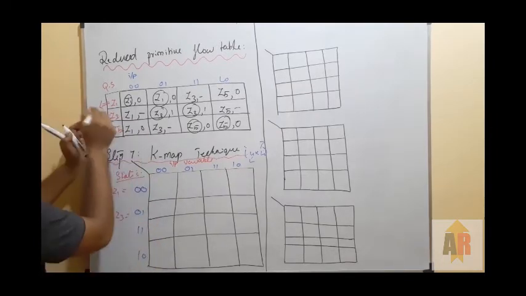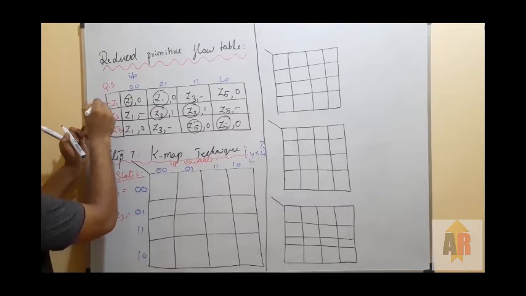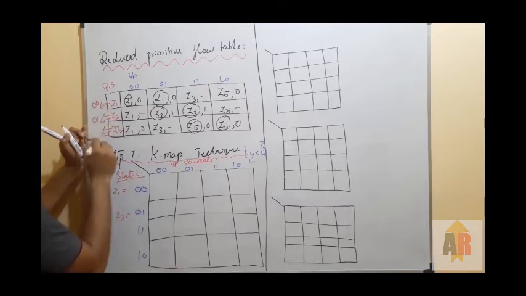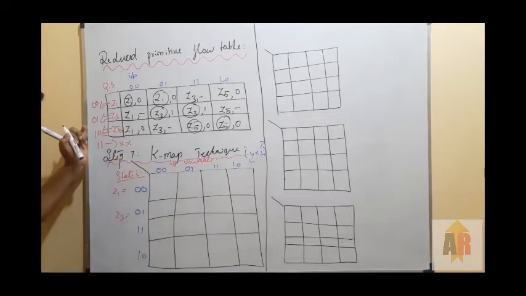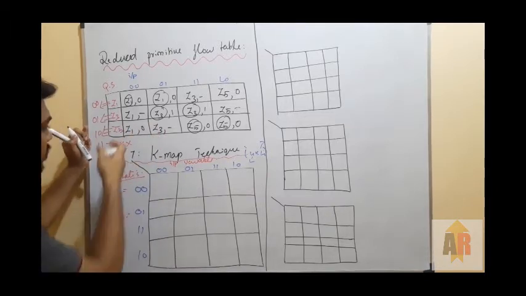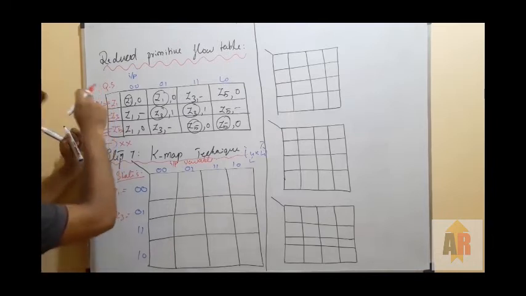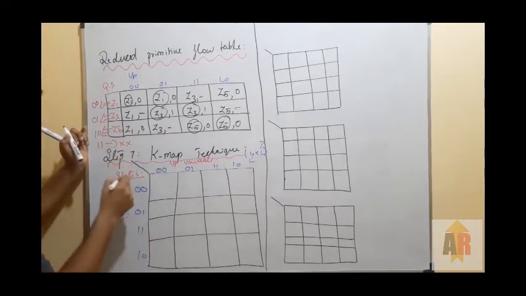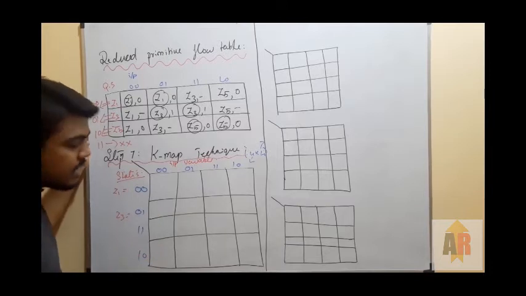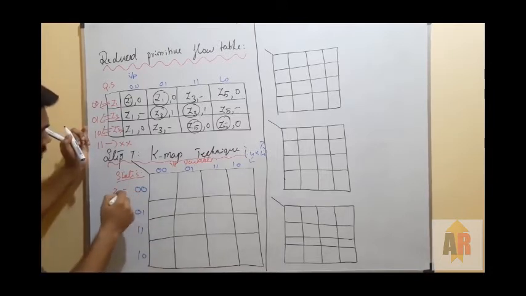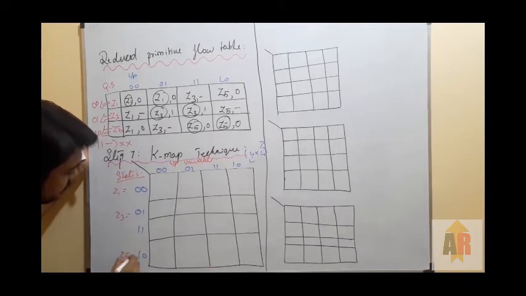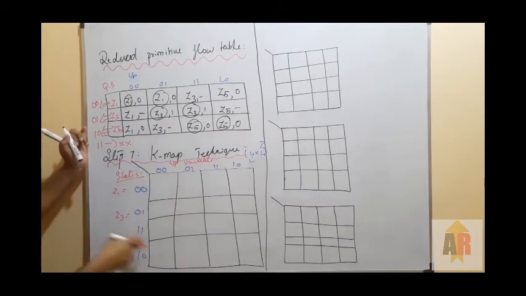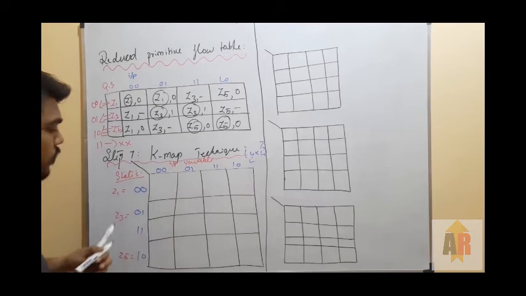So once again I will tell. There are 3 states, right? So I will consider this 0 0, 0 1, this is 1 0, which means my 1 1 state is still missing, so I can mention this as don't care, which means if data I want to add, I will mention it as don't care. Since I said here I am going to represent my states, I am going to follow with Z1, Z3, then 1 0 is Z5. So Z5 is equal to 1 0. So 1 1 is not available with respect to our problem.